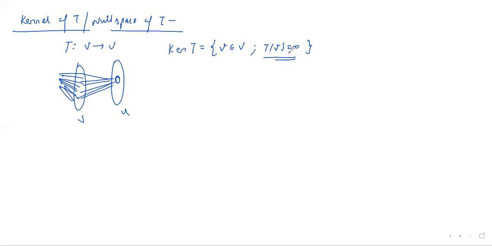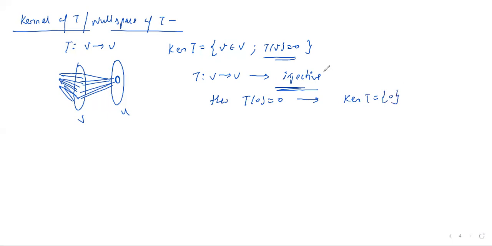Now if my mapping is injective, then T(0) = 0 is the only pre-image that I have, and in that case my ker T would be equal to 0. How?